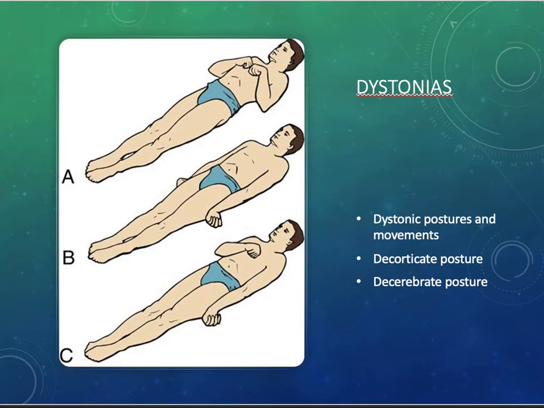But the decorticate posturing is still very severe. Decerebrate is even worse. And with decerebrate, you've got a lesion lower in the brainstem than with decorticate. Okay. If you've got a combination, then you've got a different level of brain injury on the two sides.